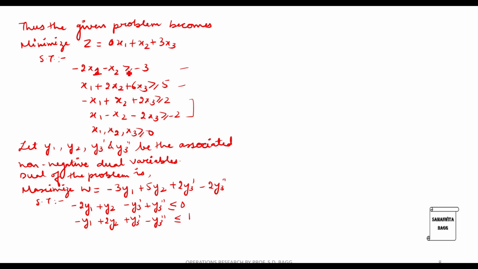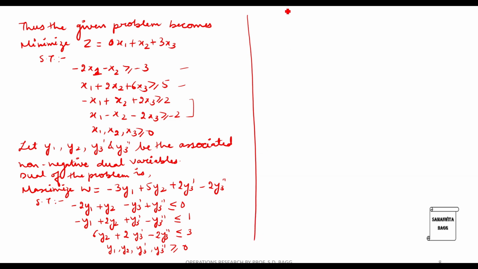And lastly, this y1 is not there, so I'll start with the second one. So it is 6y2 + 2y3' - 2y3'' ≤ 3. And then I'll write down, this is y1, y2, y3', y3'' all greater than or equal to 0.